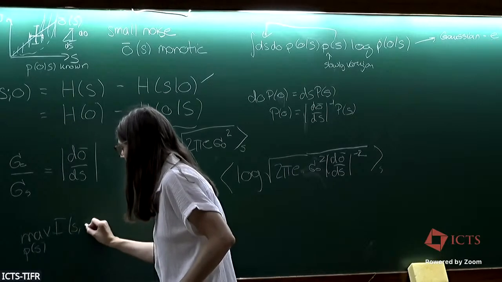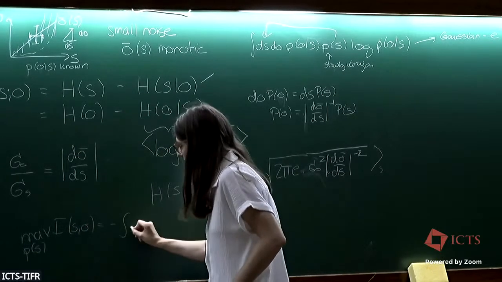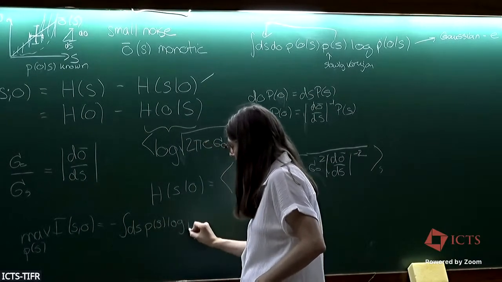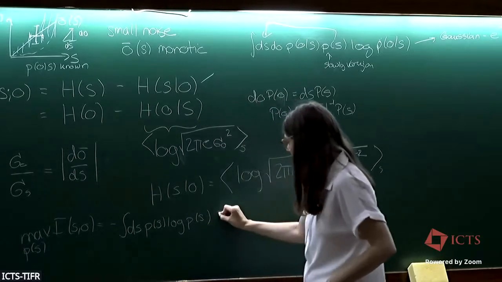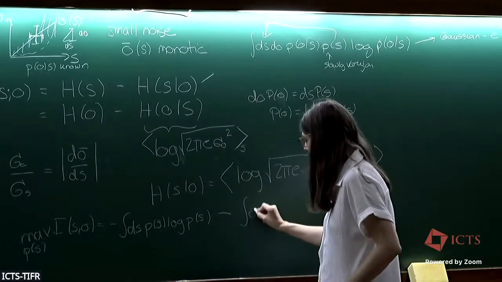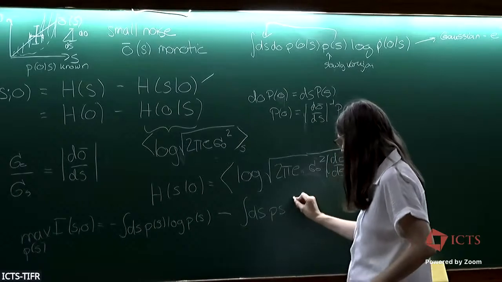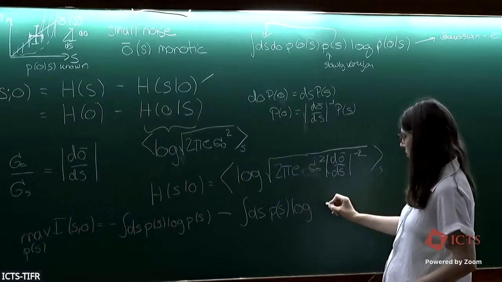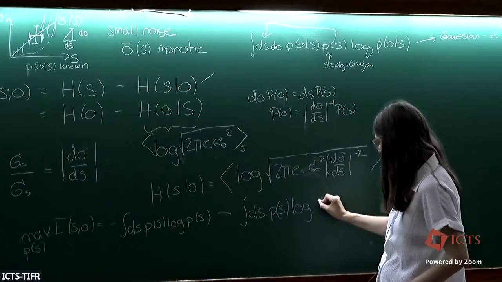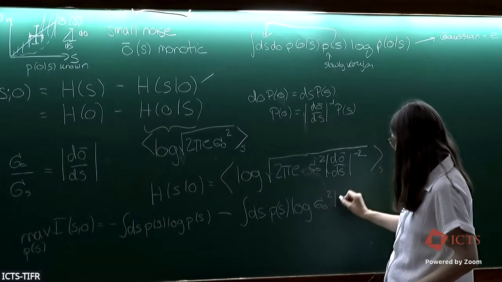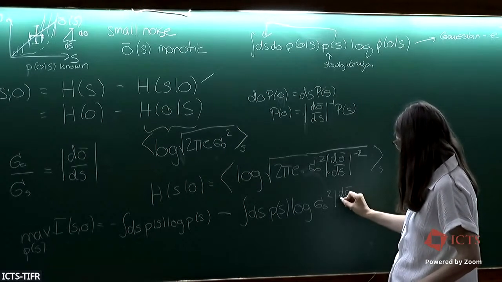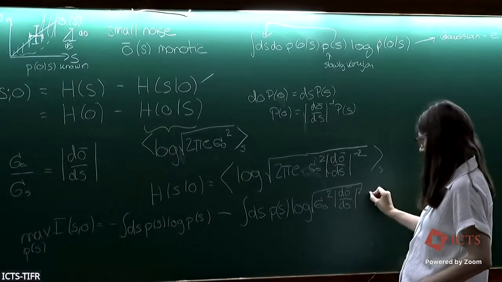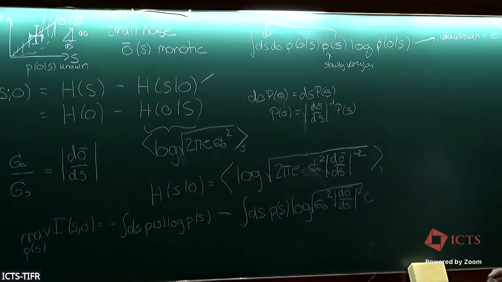You want some integral ds log PS minus some integral ds log, and then some constant, times some constants.